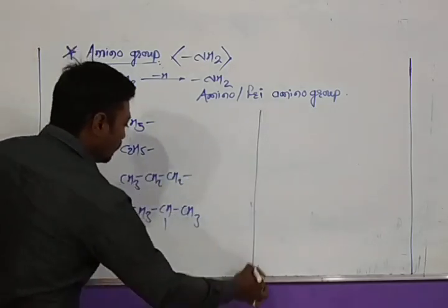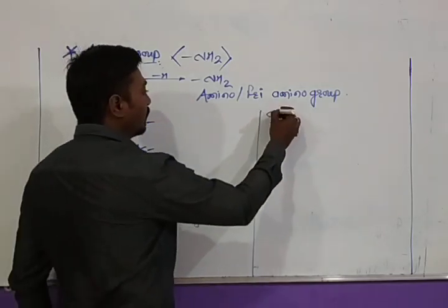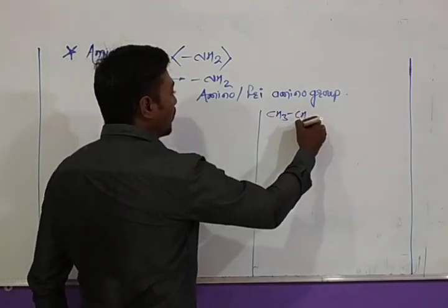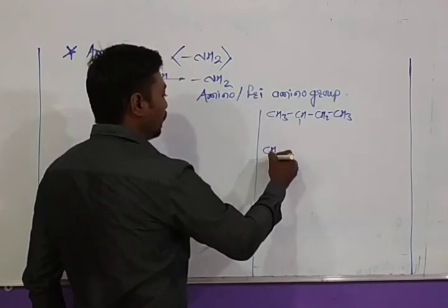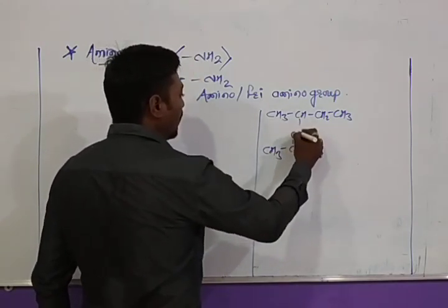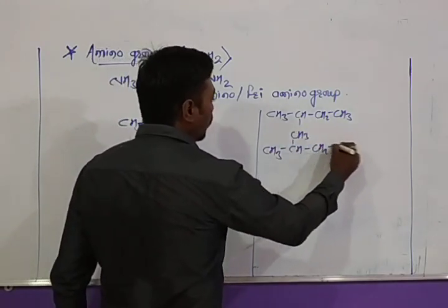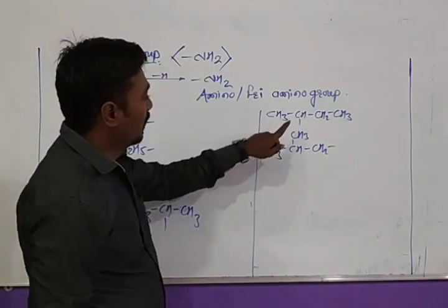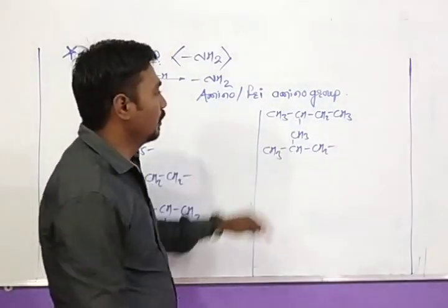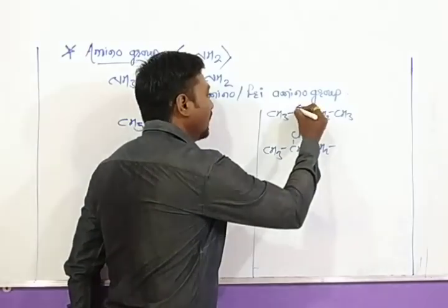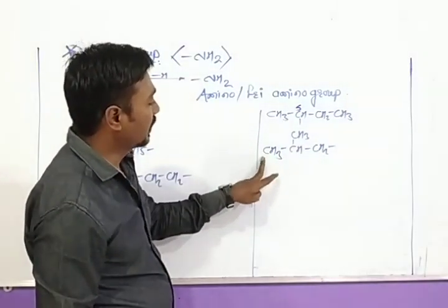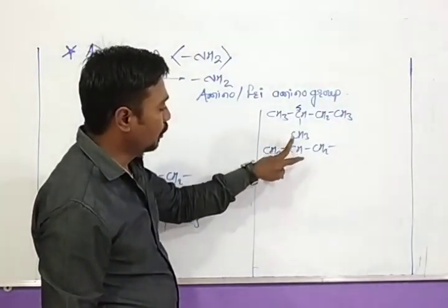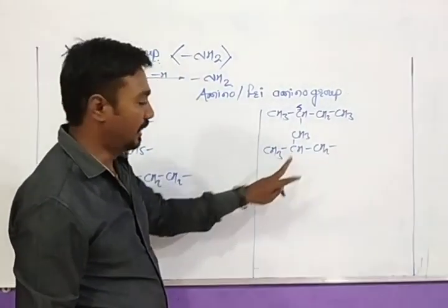In similar fashion, this is secondary butyl group, and this one is isobutyl group. Why is it called secondary butyl group? Because the carbon atom is secondary. And why is it called isobutyl group? Because in the continuous carbon chain, a methyl group is present on the second carbon atom.